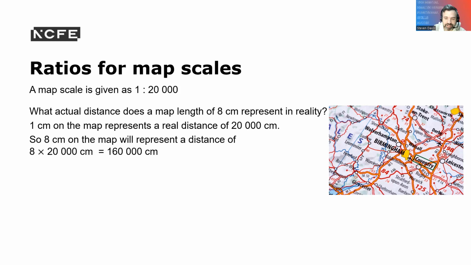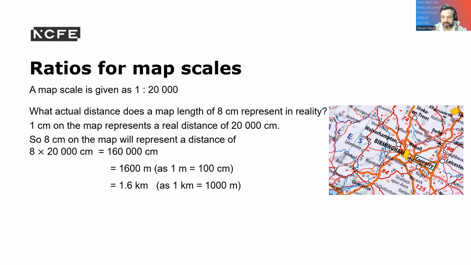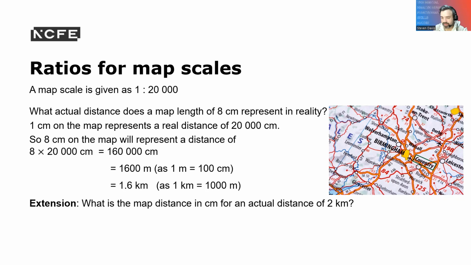So 8 centimeters on the map will represent a distance of 8 times 20,000 centimeters. That equals 160,000 centimeters. So 160,000 centimeters, as 1 meter is 100 centimeters, is 1.6 kilometers, as 1 kilometer is 1,000 meters.